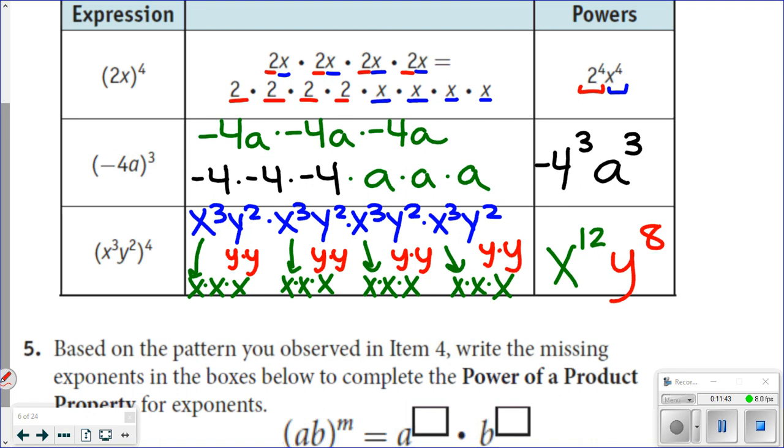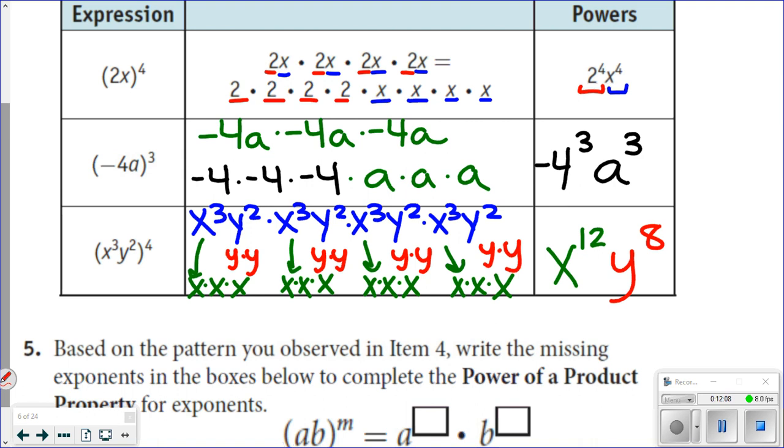Does everyone see that? So I wrote out x cubed y squared multiplied by itself 4 times because it was raised to the 4th power. Then I wrote out x cubed, which is x times x times x, and we wrote out y squared, which is y times y. So what's happening here?